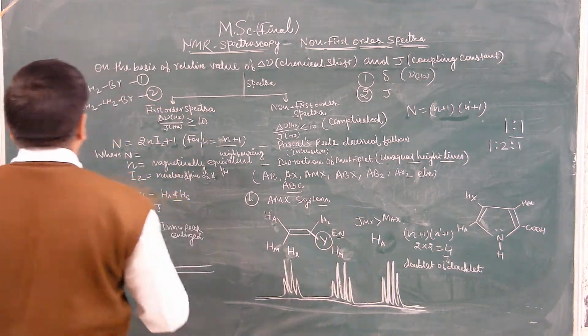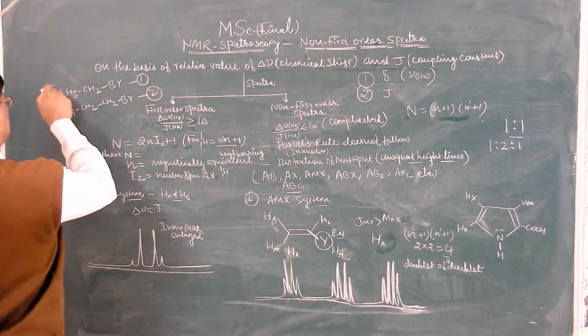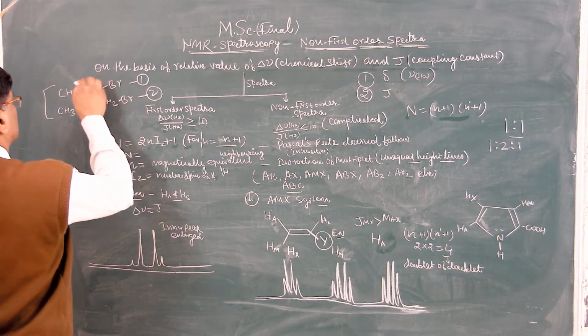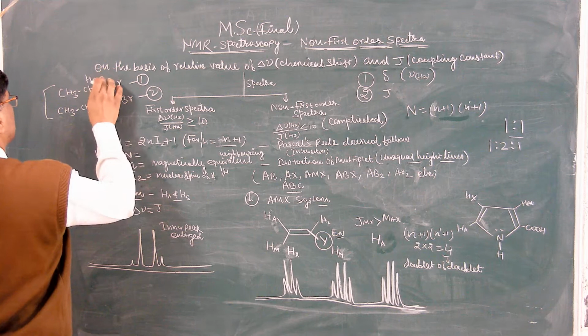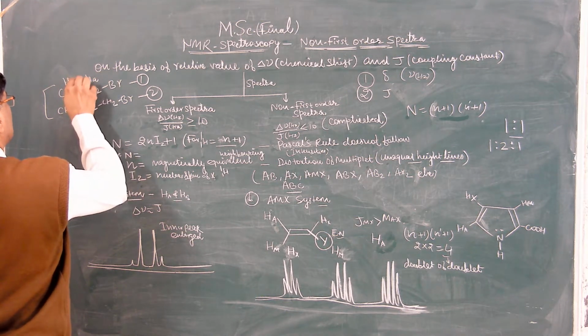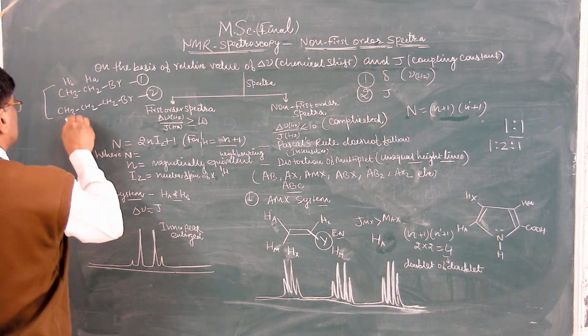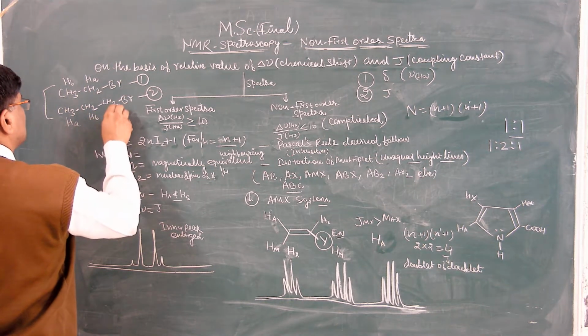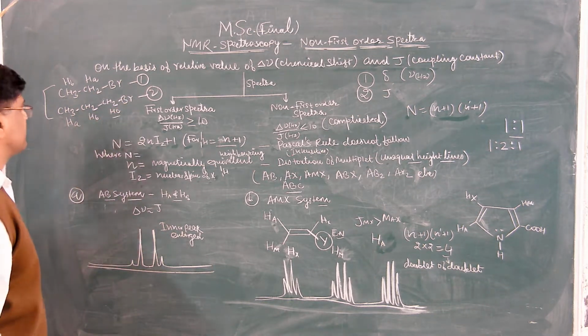In the first example there are two types of protons, HA and HB, and in the second case there are three types of protons, HA, HB and HC.